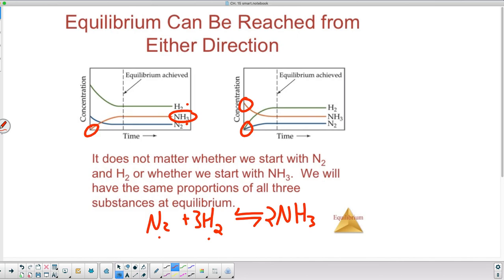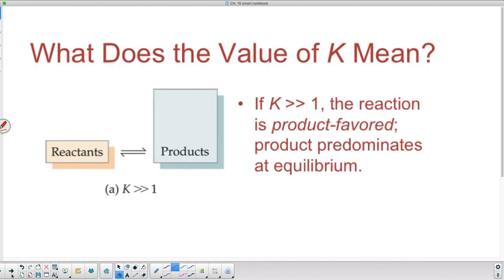That means the reaction moves in the opposite direction, going back in this left-hand direction and actually producing H2 and N2. Notice they're being produced at exactly the same amount as they are in the first one when we started with the reactants and no product. Okay, notice it doesn't matter where we start, equilibrium comes out to be the same.